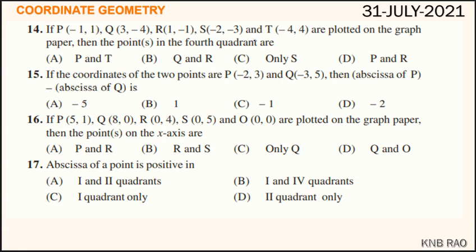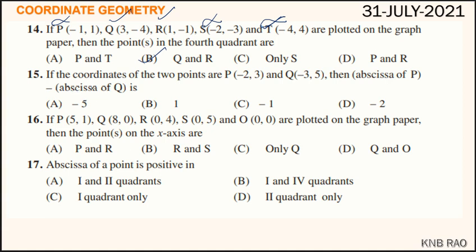So negative, positive lies in the second quadrant. This S lies in the third quadrant. Minus 1, 1, P lies in the second quadrant. Plus, minus only, Q and R lie in the fourth quadrant. So the right option is B.